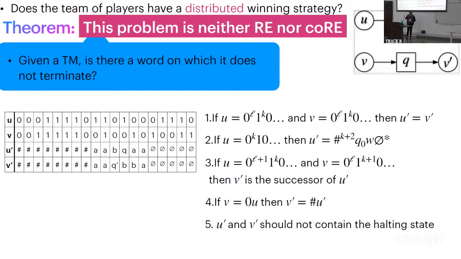So if I'm given a 3, I have to play the third configuration, because on 2 he is going to play the second configuration. On 3, I have to play the third configuration, because maybe he is going to be queried for 2. And if he is queried for 2, he doesn't know what I am being queried on. He may think that I am being queried on 1, so he will play the 2.